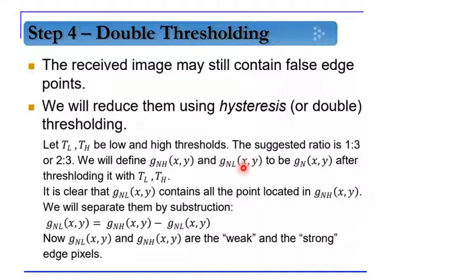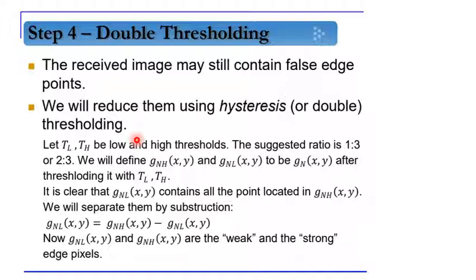So what we do is, we find a few points from gNL(x,y) and add them to gNH(x,y), which will complete my edge, or I'll get complete edge pixels. Okay, so how do we do that?